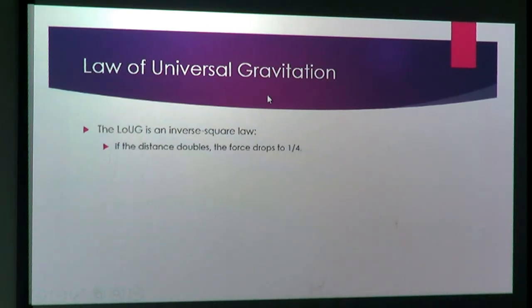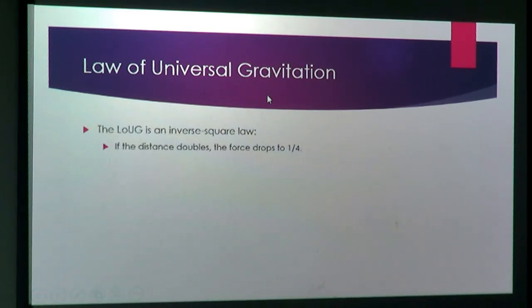If the distance doubles and it's an inverse square law, the force is not going to decrease by double. The force is going to drop by 1/4. It's not that because the distance doubles, the force is going to decrease by 2.